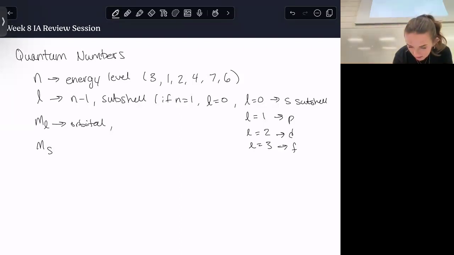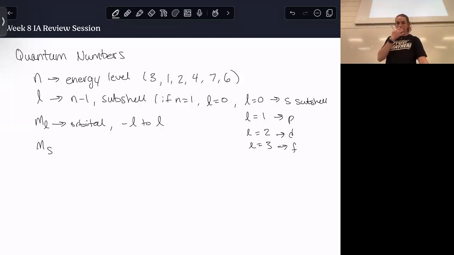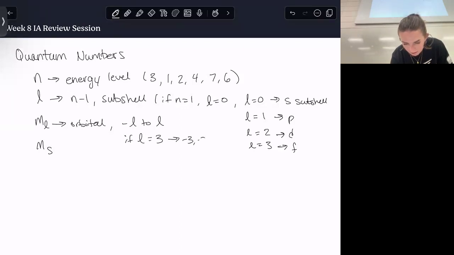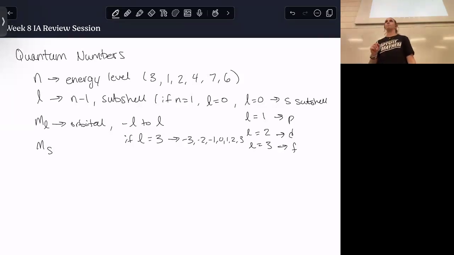Good. So this has to be negative l to l, and that's including 0 and all of your integers. So if l is equal to 3, then we can have -3, -2, -1, 0, 1, 2, and 3 as our options.